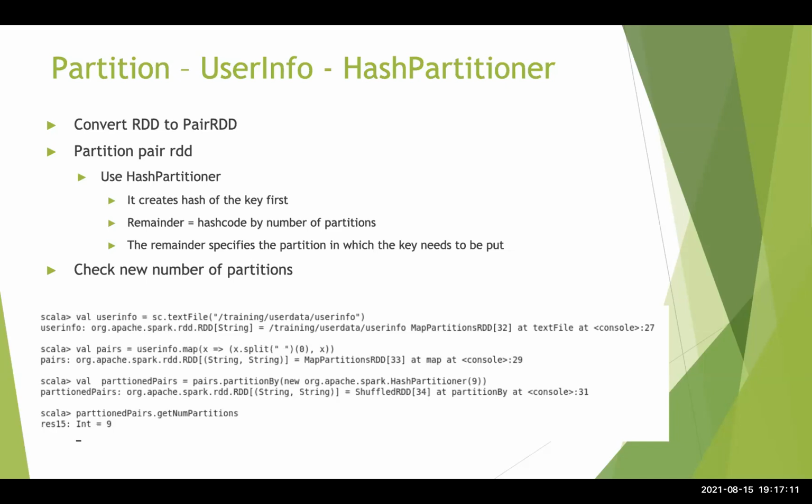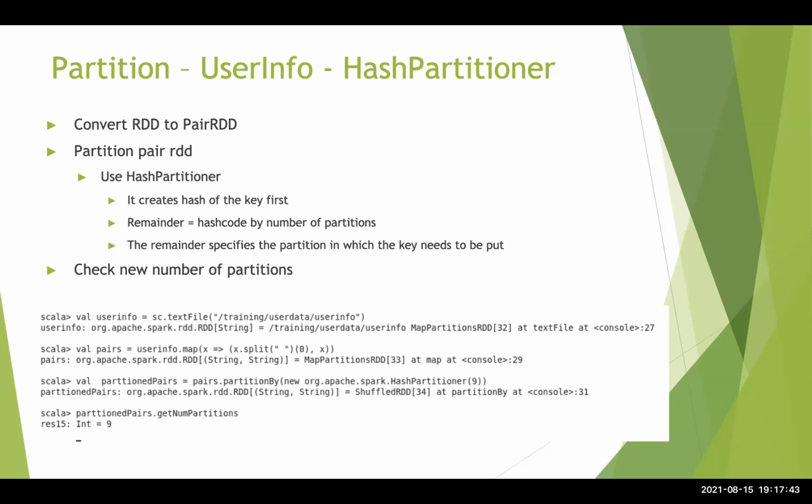Because I have specified the number of partitions as 3, whosoever hash code divided by 3 has a remainder of 0 goes to one partition. Whosoever hash code divided by 3 has a remainder of 1 goes to partition 1. So I have 3 partitions, 0, 1, and 2.